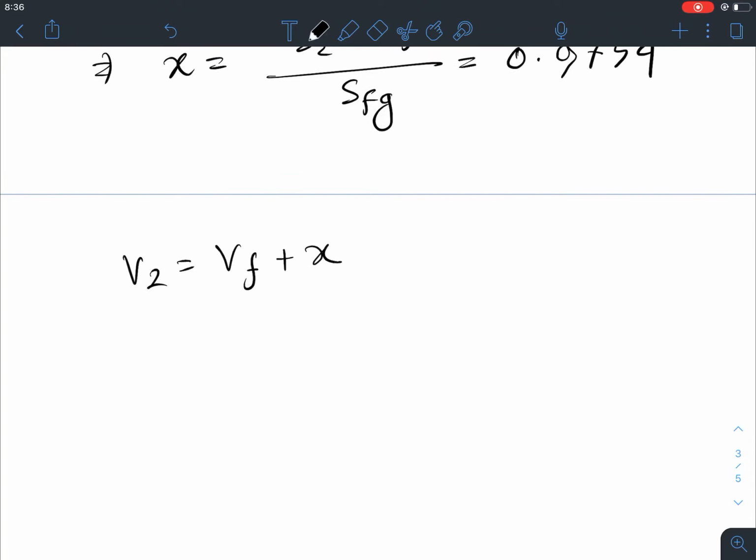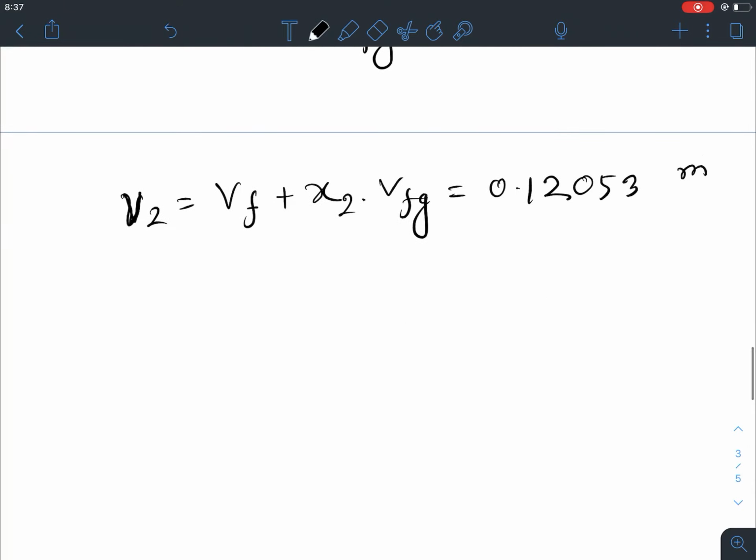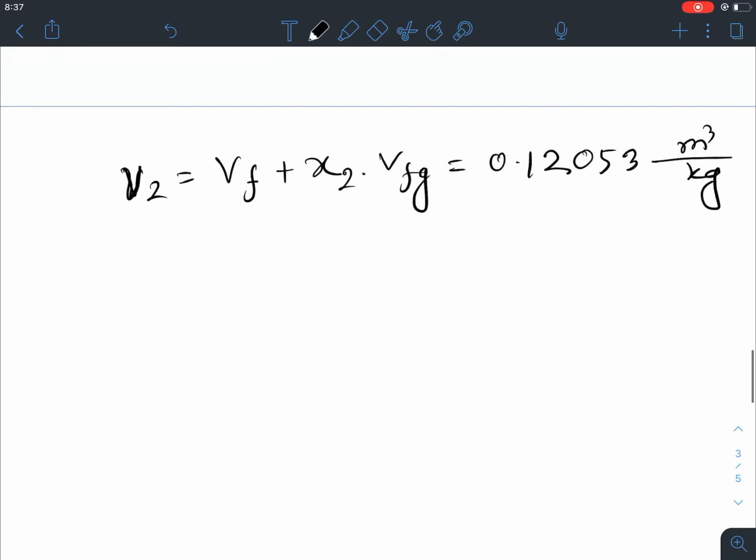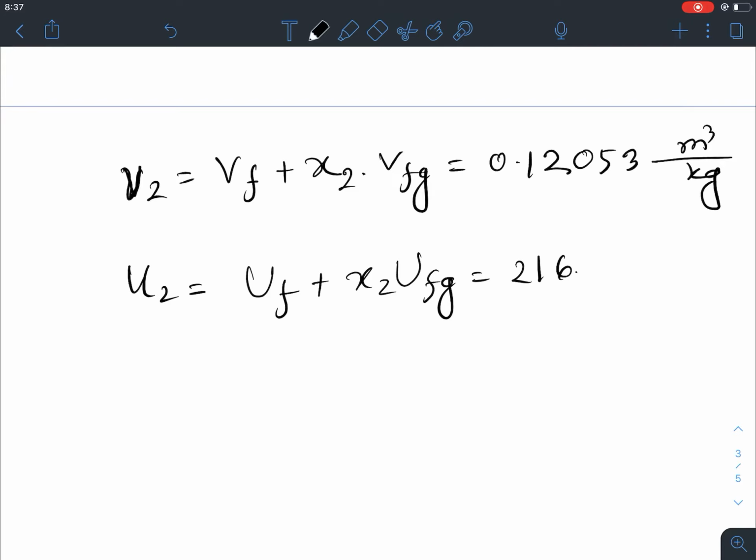So v2 equals vf plus x2 times vfg, which equals 0.12053 meter cube per kg, and u2 equals uf plus x2 times ufg.